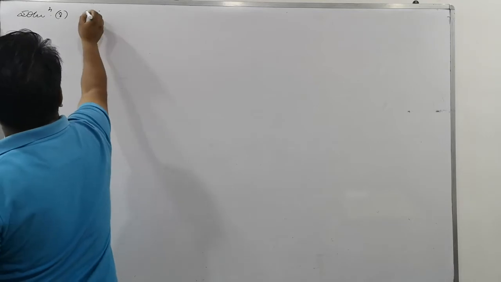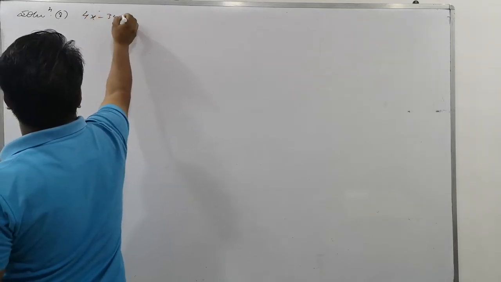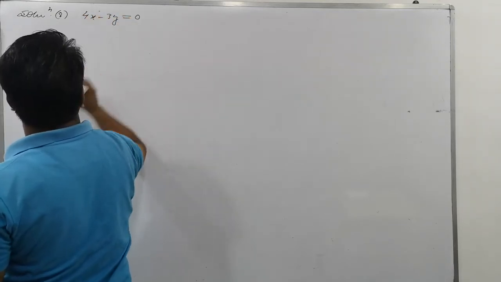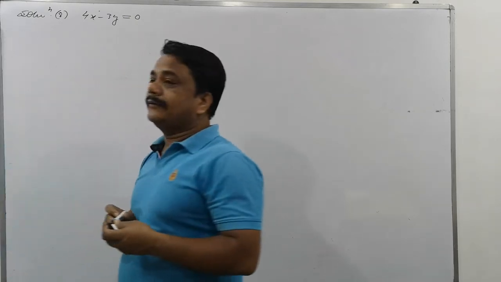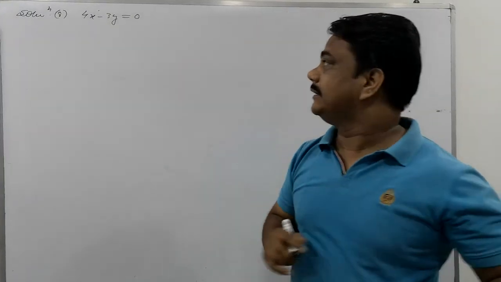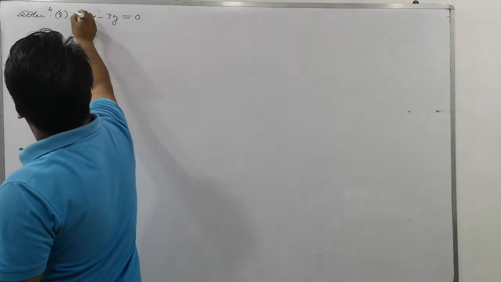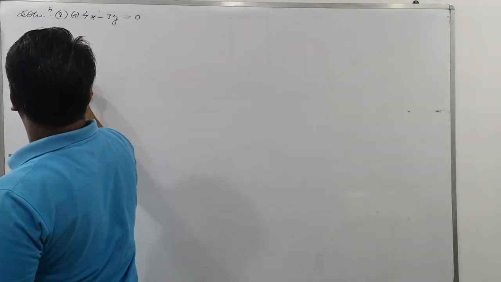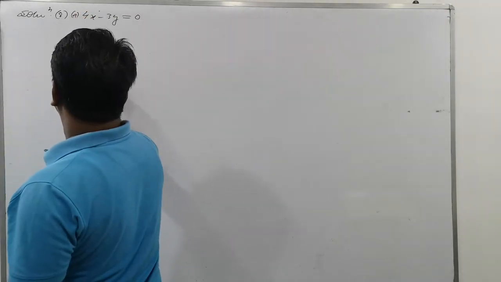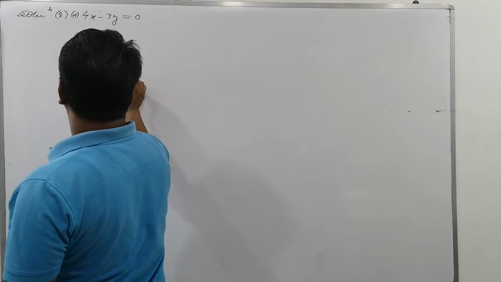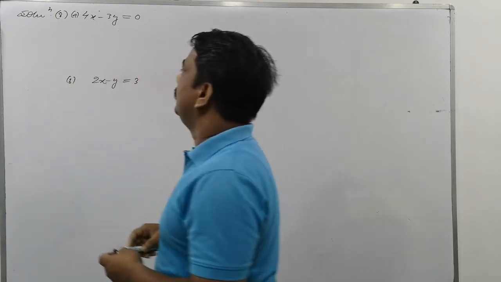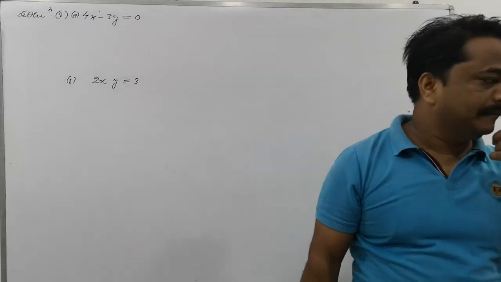Solution 8. 4x minus 3y is equal to 0. You have to find out one solution. The first equation is this, and the second equation is this. One solution of each you have to find out. Please do.